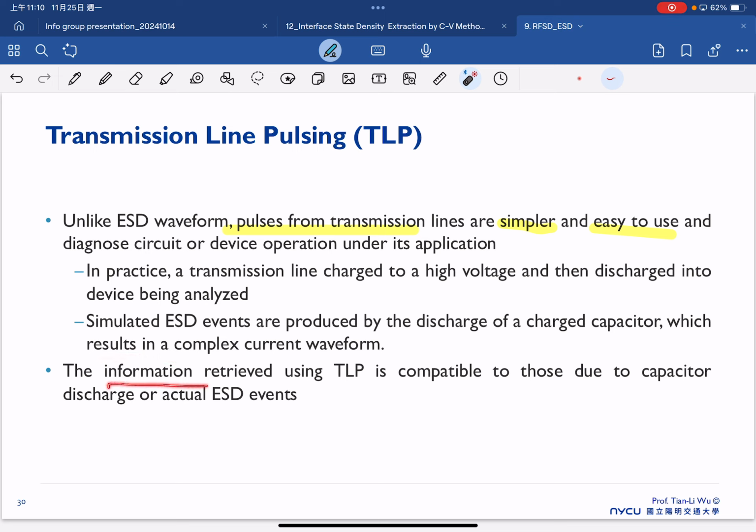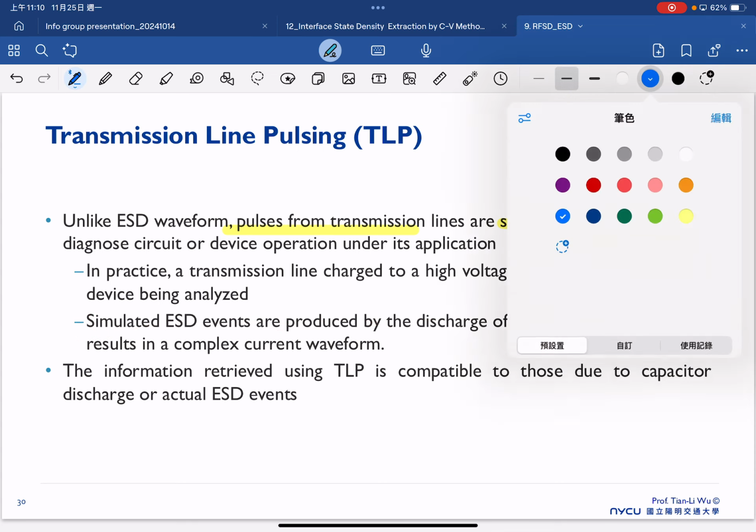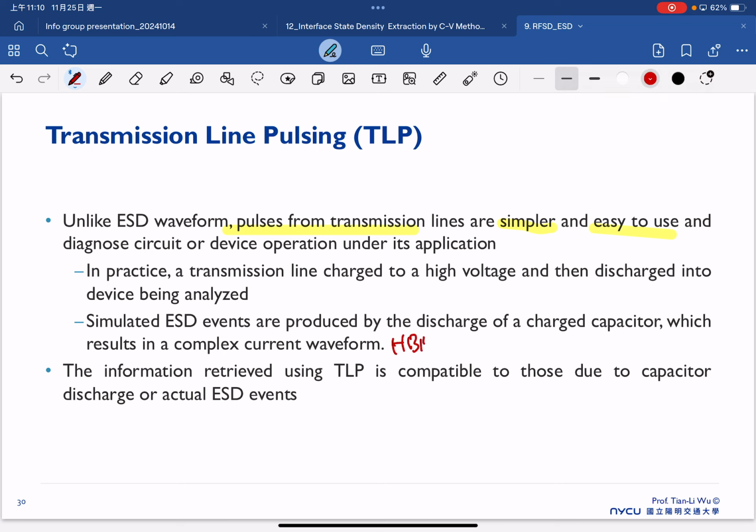So the information received from using TLP is comparable to that of capacitance discharge in an actual ESD event. This is typical of using charged capacitance, for example for the human body model, HBM, MM, or CDM here. We mainly use the capacitance to charge and discharge, but the waveform is very complicated. So we believe using the transmission line is actually much simpler, but also very useful.